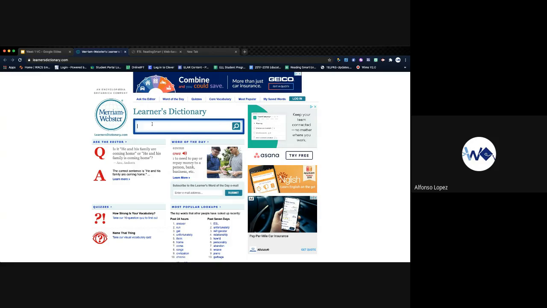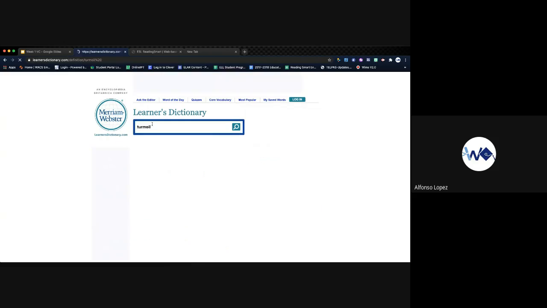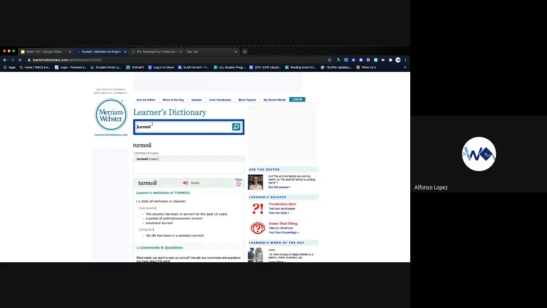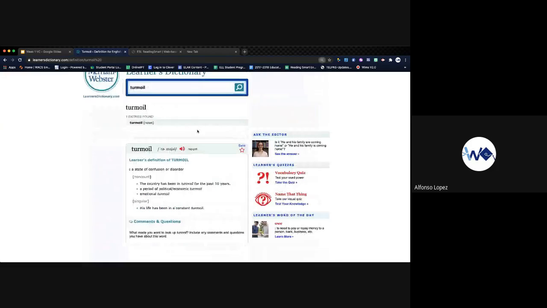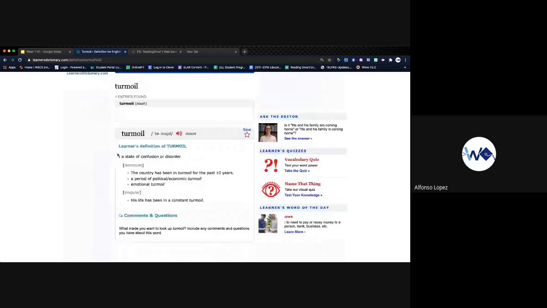For example, let's type in a complex abstract term like turmoil. So you look here. What is turmoil? Here's your definition: a state of confusion or disorder. So you can see it's really short.